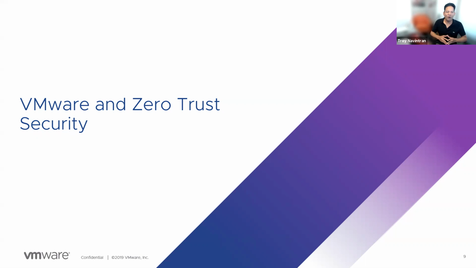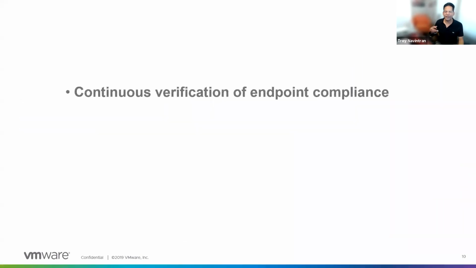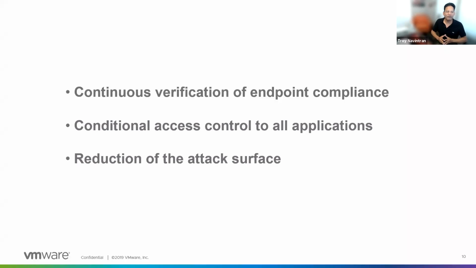So what are the requirements for a Zero Trust architecture? Three things. Continuous verification of endpoint compliance. So basically, for access to be granted, endpoints must continuously be verified to be compliant with your organization's security policies.